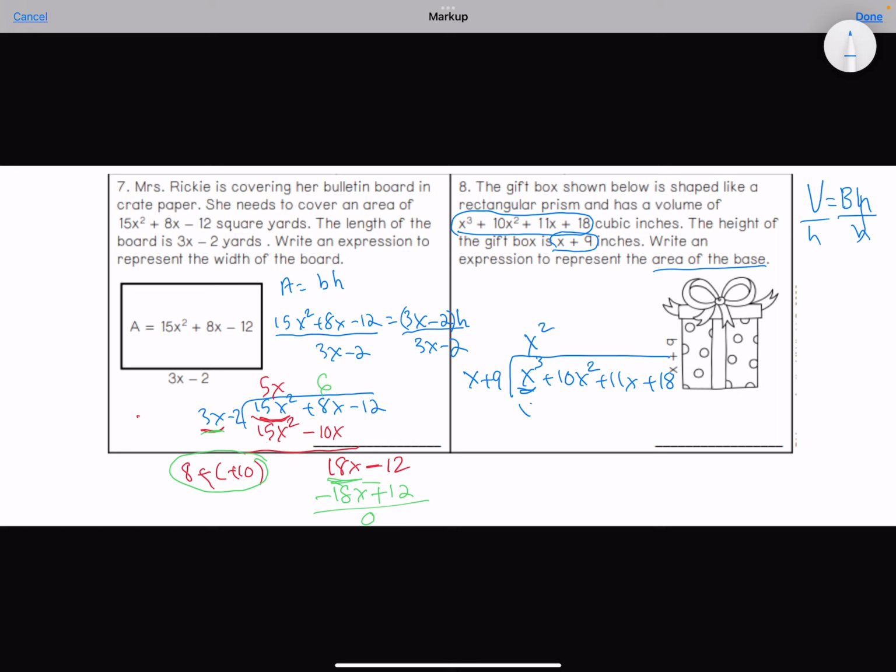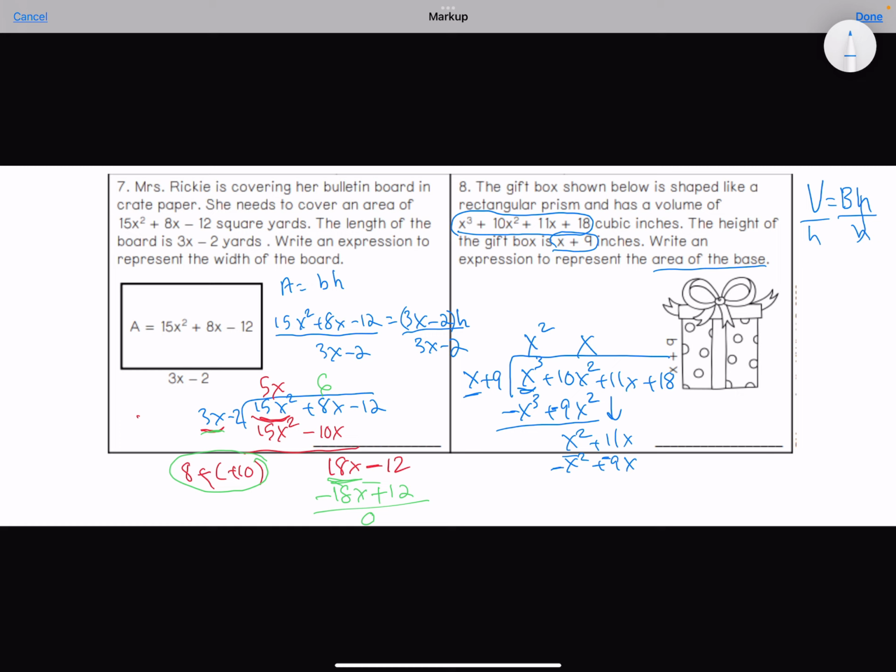Now I multiply. I subtract. So we've got x squared. I bring down the 11x. What do I multiply x by to get x squared? I multiply by x. X squared plus 9x.